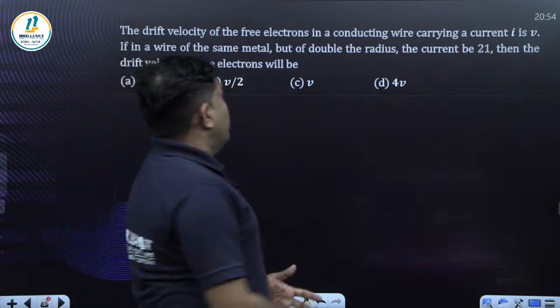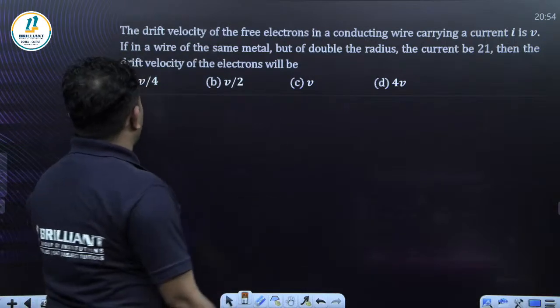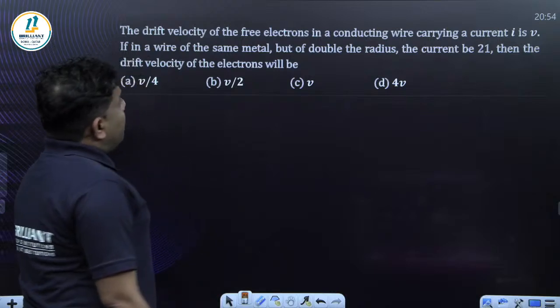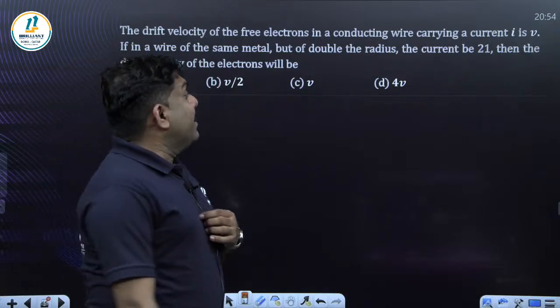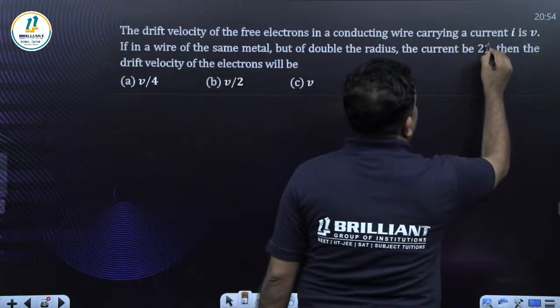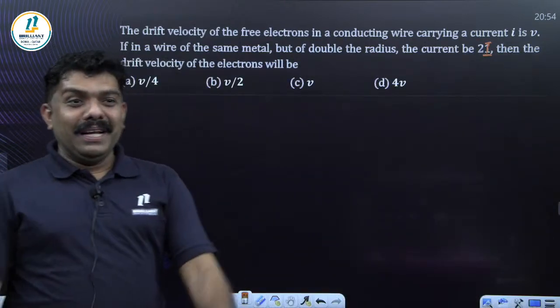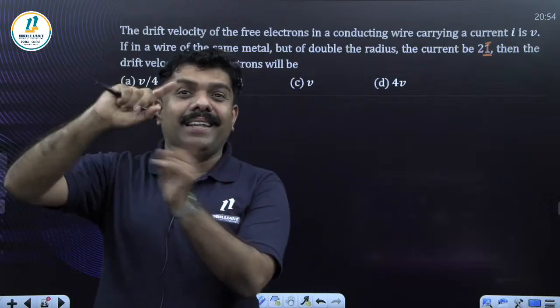The drift velocity of the free electron in a conducting wire carrying a current I is V. If in a wire of the same metal but of double the radius, the current is 2I, then what will the drift velocity of the electron be?